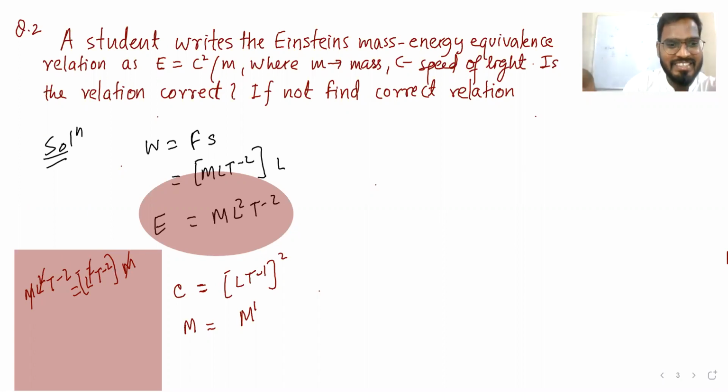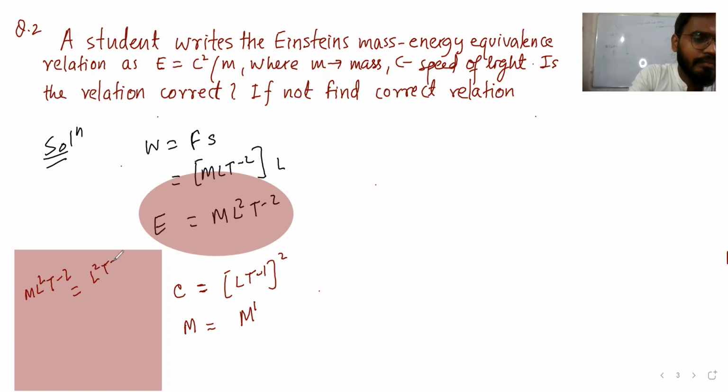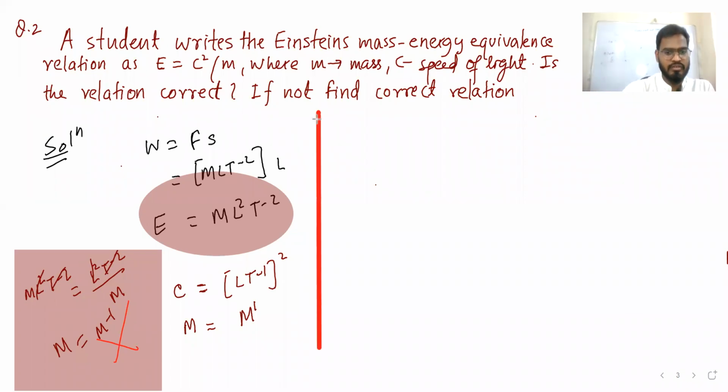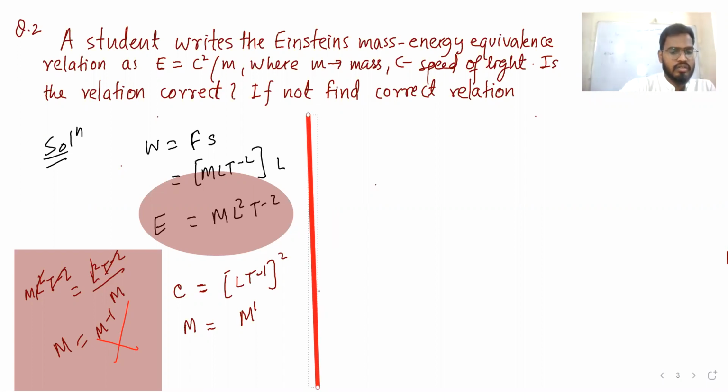That is what I was thinking. Now C square, C is on top. So L square T minus 2 by M. So L square T square, but now that is M and this is minus M, which is not equal. If it is not equal, it means it is wrong, right? If this is wrong, then we are supposed to make it correct. So let's make it correct.